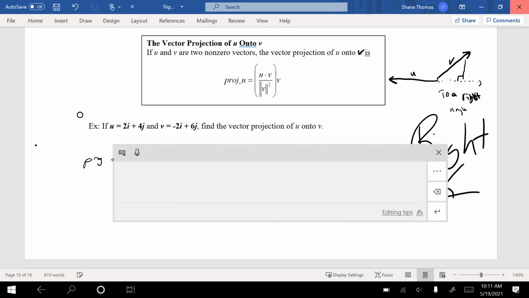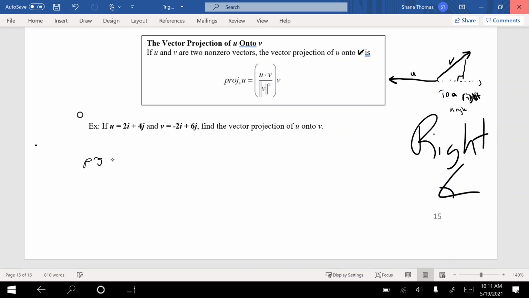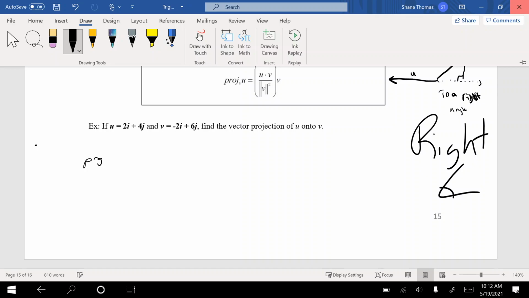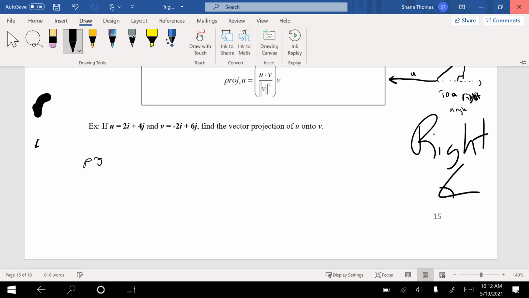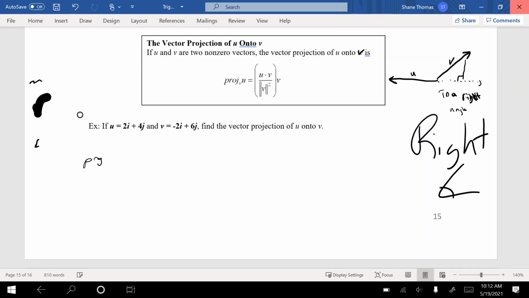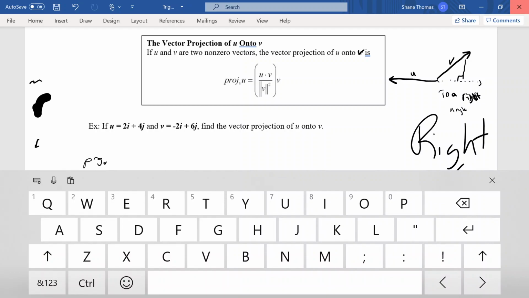What is going on? What is that? No, your pen is pressure sensitive, so the harder you push down. You might just see the ungluing of Mr. Thomas today. It might happen.